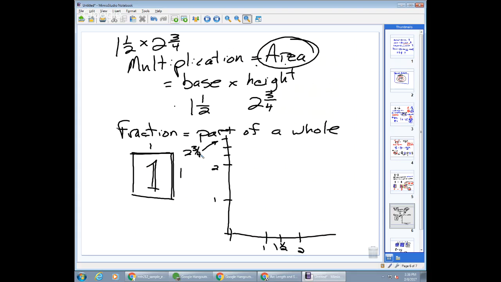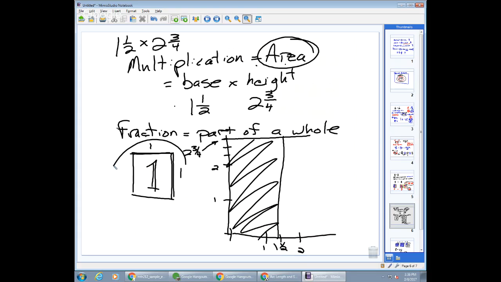And I'm going to see if I can move some of this out of my way. I think I just need a new screen. So I'll get a new screen in a second. But I need to figure out now what this region right here is. If this is a whole, how much lives in there? Big question mark.